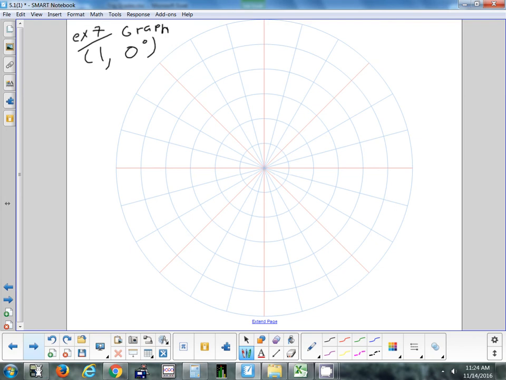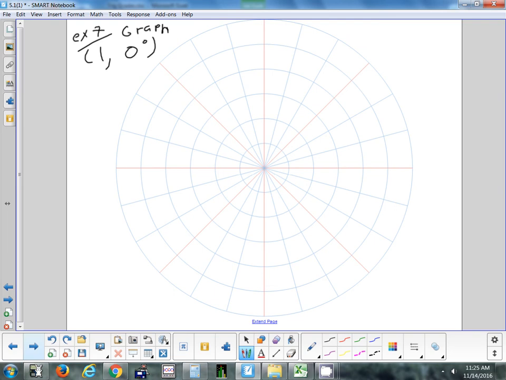How about if we switch it? If you put the 0 as the degree, is that always going to be at the origin? No. Where would a point always be if it's something, 0? It's always going to be somewhere on that red line, somewhere on that polar axis.